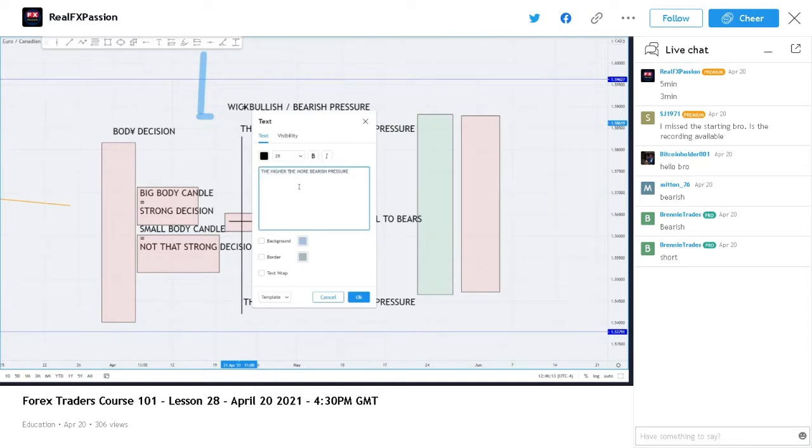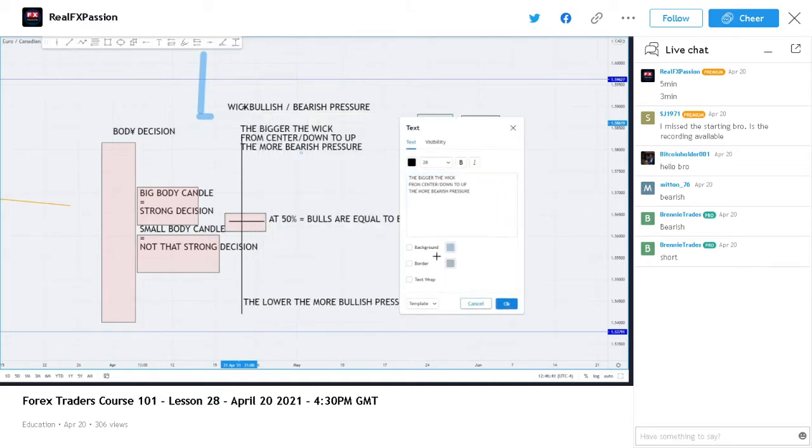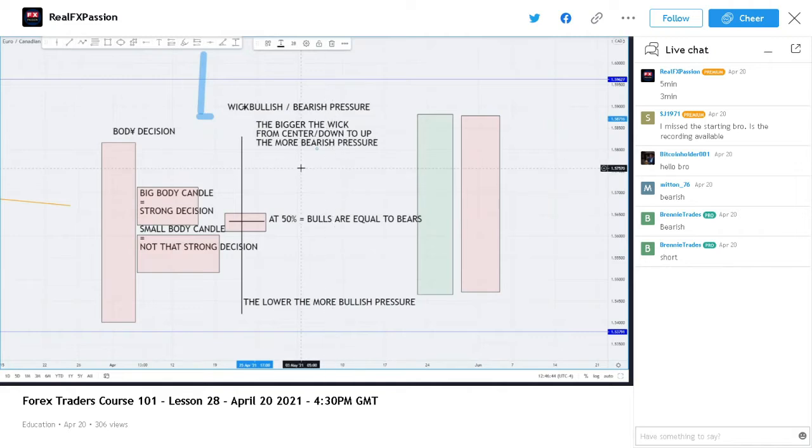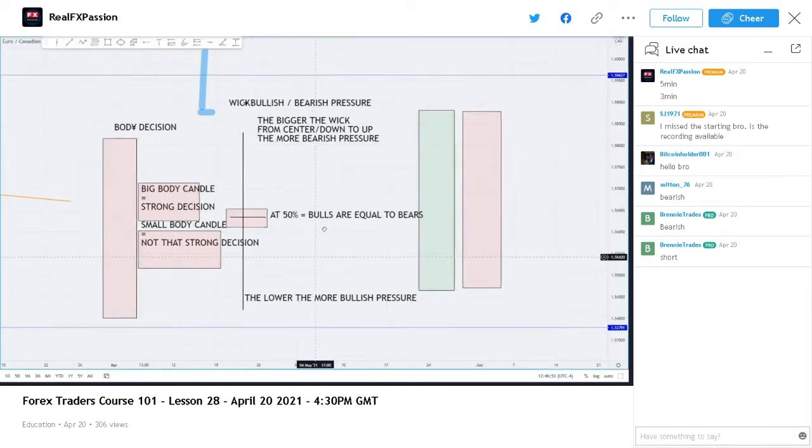So the bigger, not the higher, the bigger the wick from the center or down to up, the more bearish pressure. Maybe like this. So the bigger the wick from the center, right, 50%, or down to up, the more bearish pressure.